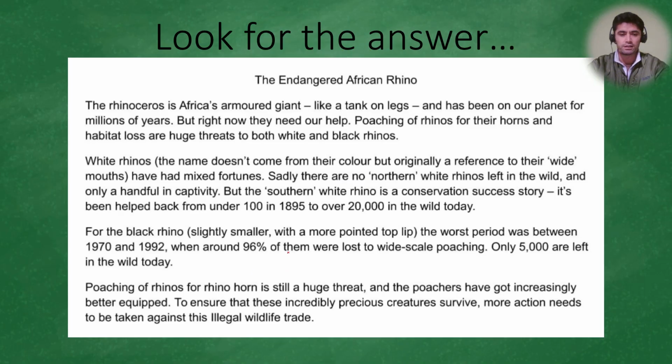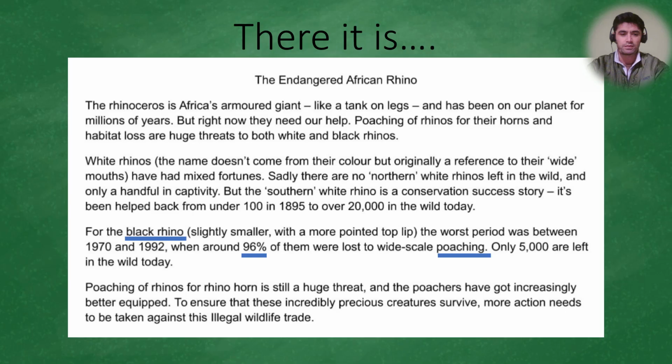If we look at the reading passage, here I've highlighted the words. Here comes the word black rhino. For the black rhino, the worst period was between 1970 and 1992, when around 96% of them were lost to wide-scale poaching.